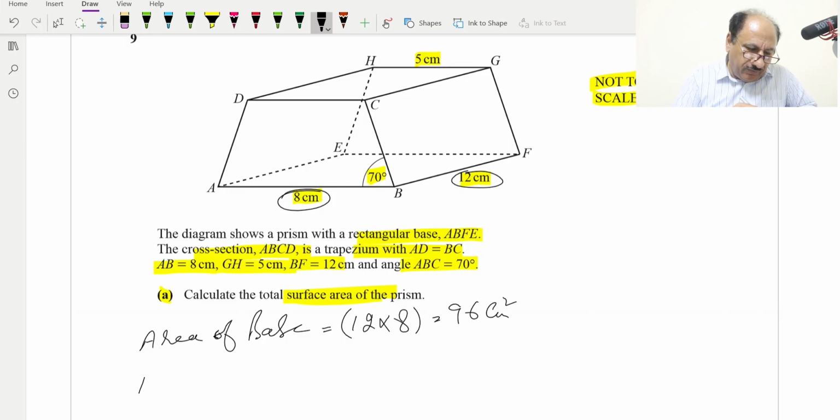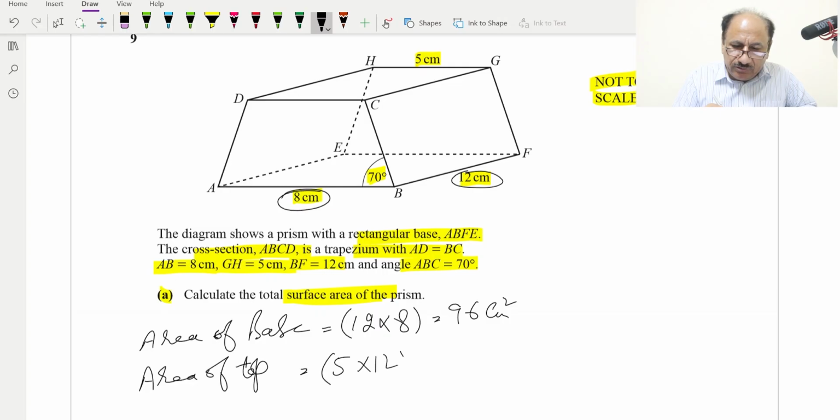Now area of top also we can find. So area of top will be equal to 5 multiplied by 12, which is equal to 60 centimeters square.